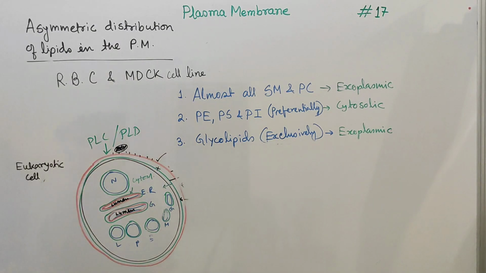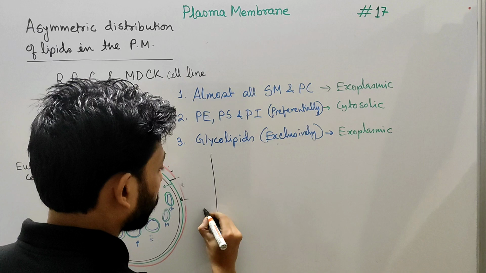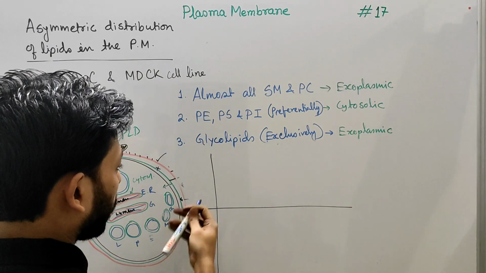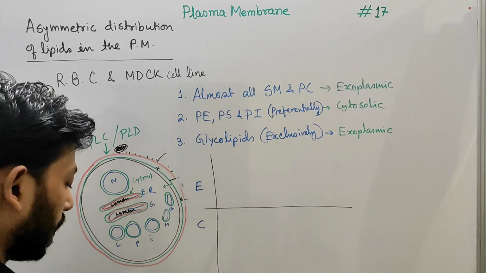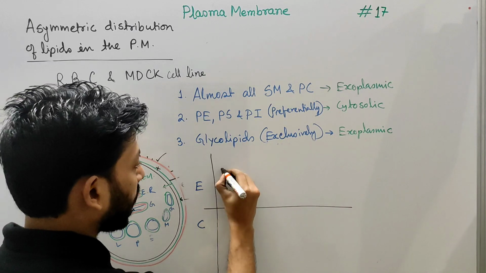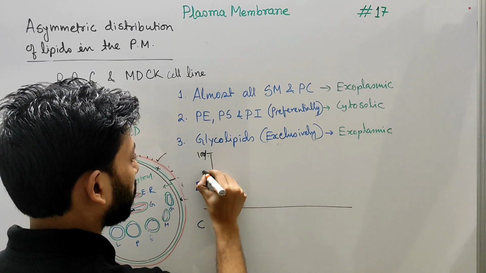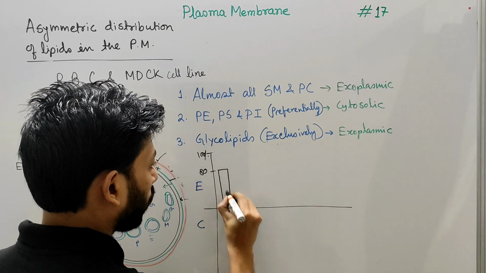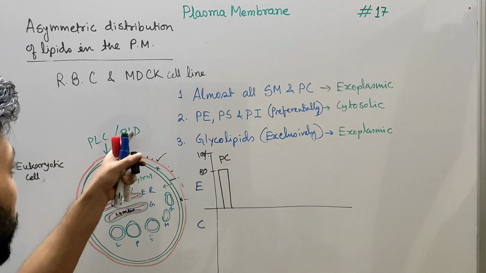Now they find that, let me draw one graph. Let's suppose this is the exoplasmic phase of the membrane and this is the cytosolic phase of the membrane. They find that approximately 80%, let's suppose this is 100%, this is 80%, of the phosphatidylcholine is digested with the help of PLC and PLD.